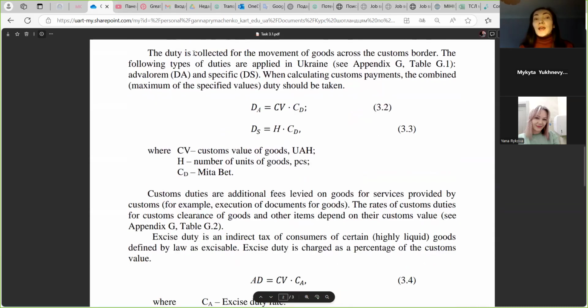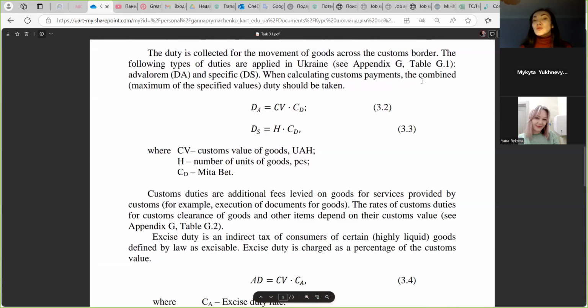The duty is collected for the movement of goods across the customs border. The following types of duty are applied in Ukraine, and we can see them in the additional information: ad valorem duty and specific duty.